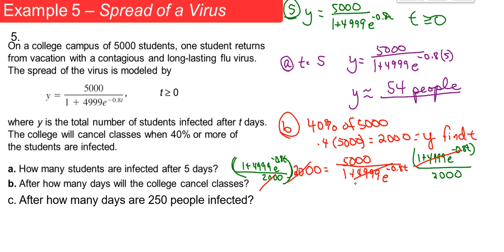So I get 1 plus 4,999 e to the negative 0.8t equals, and then this will just be 5,000 over 2,000, which is 5 over 2, as we look at that.